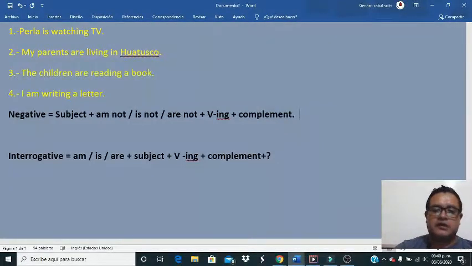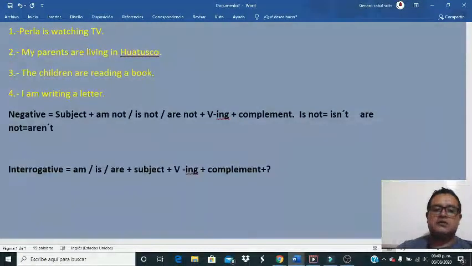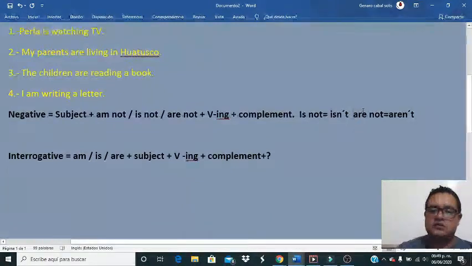Esto puede ser contraído. We can use contractions. For example, is not could be the same as isn't, like this, okay? Or are not, it could be the same as, well, in this way, aren't, okay? So they can be contracted. Entonces pueden ser contraídas. We can use the contractions if we want. Podemos utilizar las contracciones si así lo deseamos.